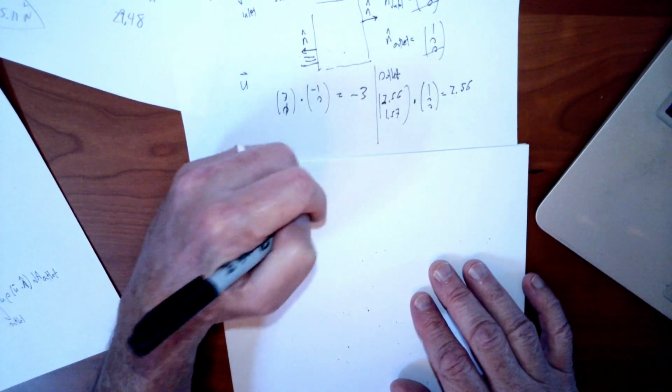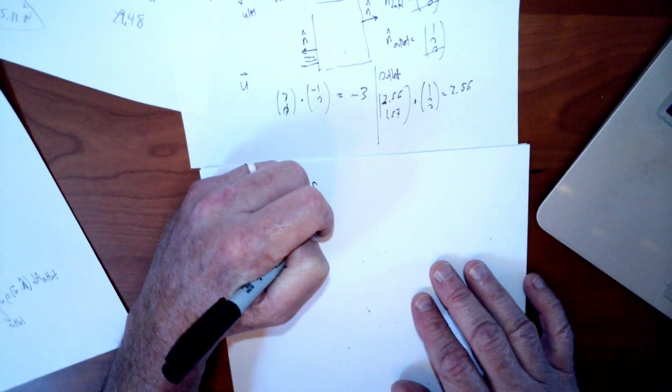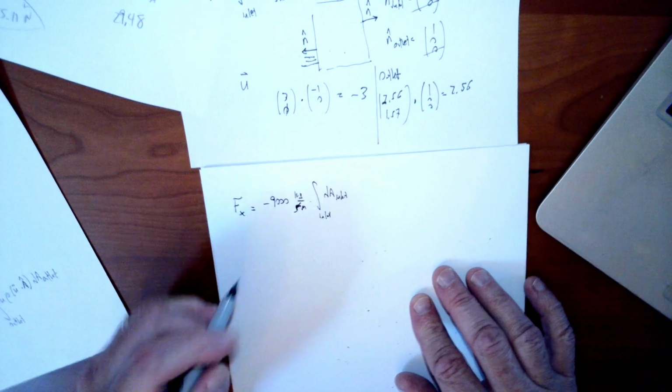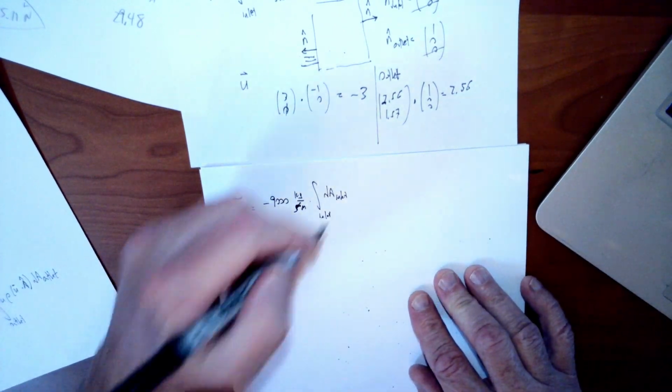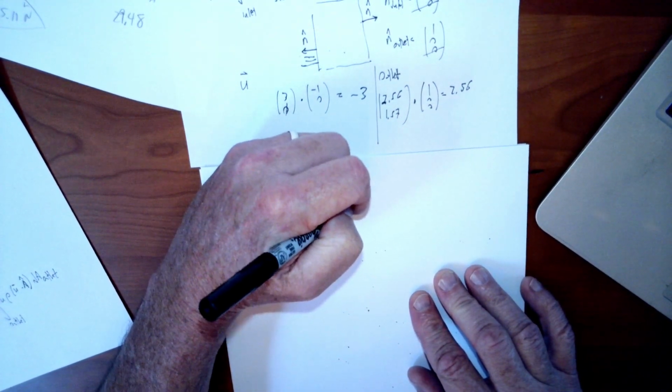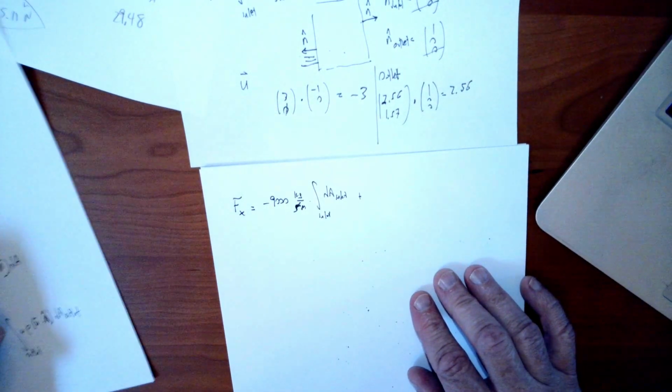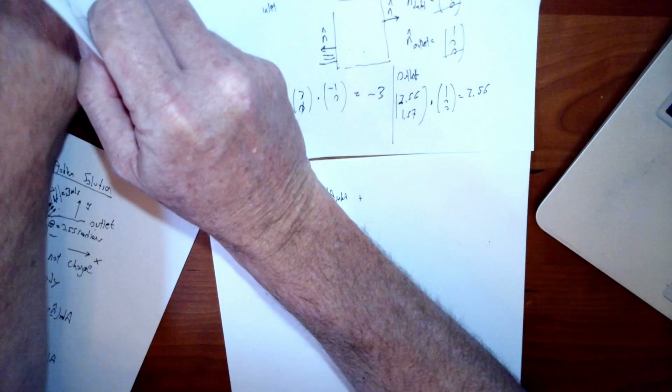Times the inlet area. So it's not the inlet area yet, it's just dA inlet. But everything else is constant. So it's going to be the area of the inlet. That's what the math says. And then plus, we have 2.56 squared times 1,000.